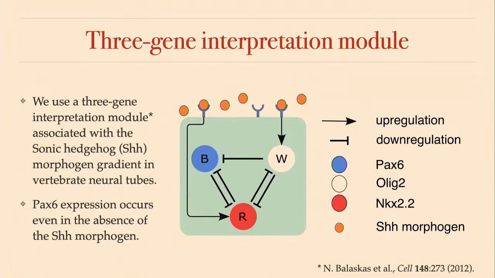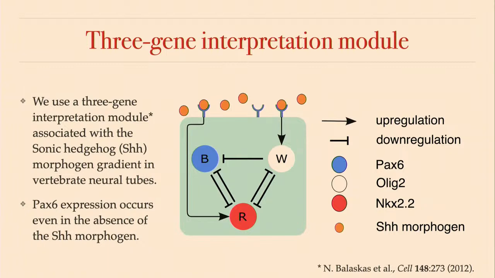So first of all, as I said, we have the 3-gene interpretation module. The one that we have specifically considered is from this paper by Velasquez et al. So in the presence of sonic hedgehog morphogen, you have these 3 genes, PAX6, OLIG2, and NKX2.2.